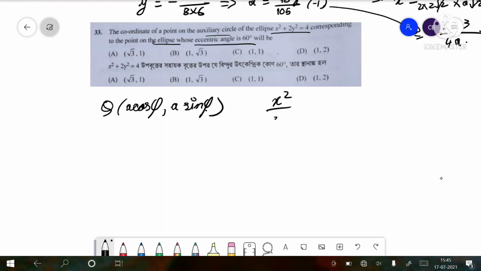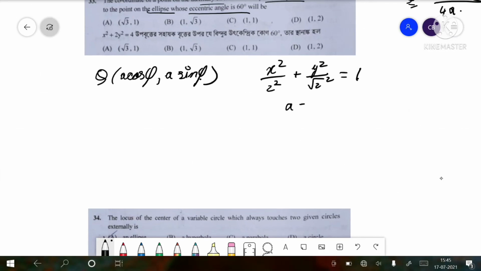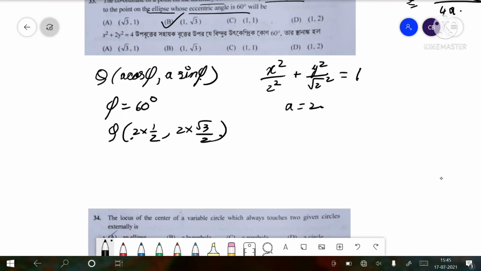So we can write this as x squared by 2 square plus y squared by root 2 square is equal to 1. Therefore here a is equal to 2, and the eccentric angle phi is given as 60 degree. Therefore easily we can see that Q is 2 times half and 2 times root 3 by 2, that is 1 comma root 3.